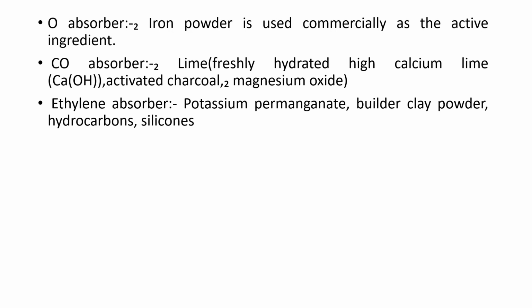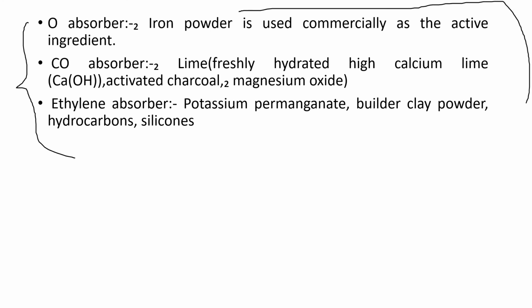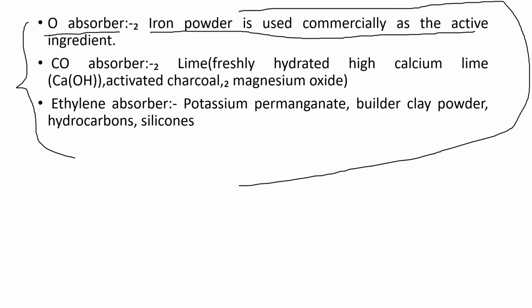Talking about the absorbers that we mentioned in MAP. MAP contains certain absorbers which absorb harmful gases which should not be present in the food. If the oxygen content is higher, iron powder is used commercially as the active ingredient in oxygen absorbers.